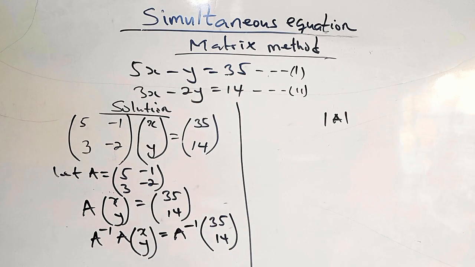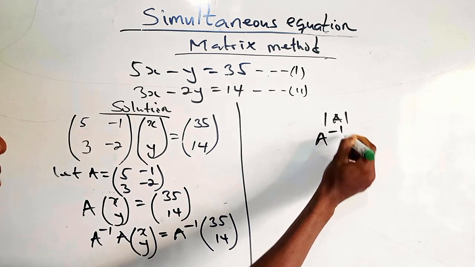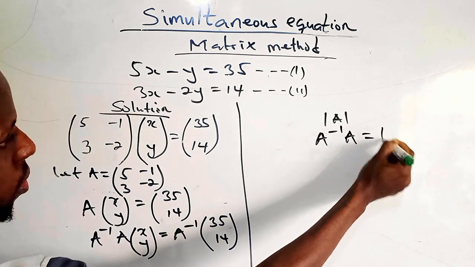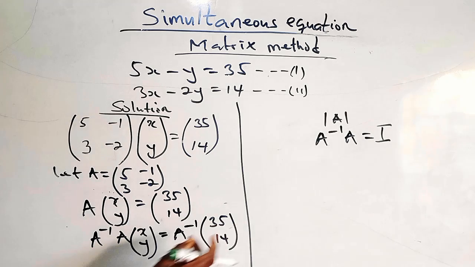Take note, when you multiply the inverse of a matrix with the matrix, it gives you the identity matrix. So here we have x y equals the inverse of matrix A times 35 and 14.